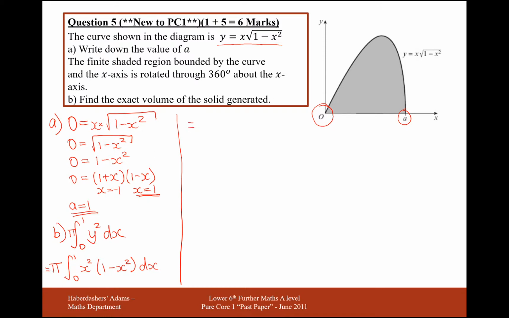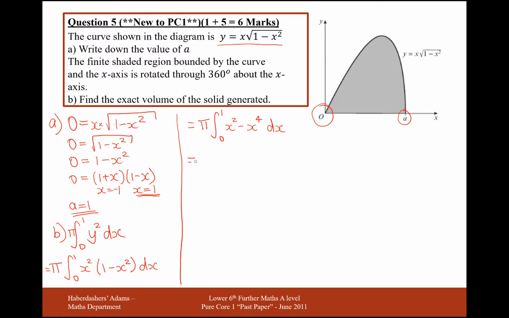So carrying this on to the top, if we expand the brackets now, we get pi times the integral from 1 to 0 of x squared minus x to the 4 dx.